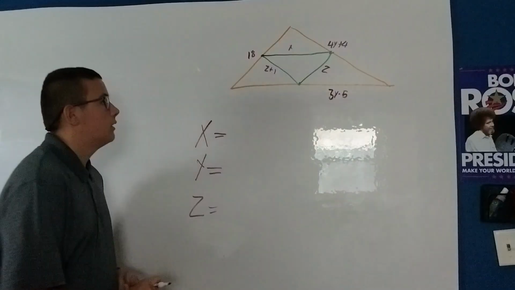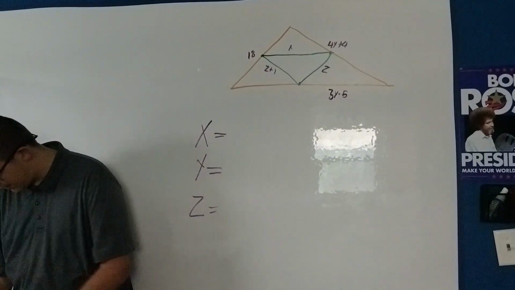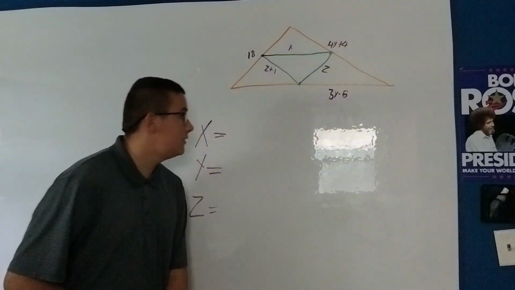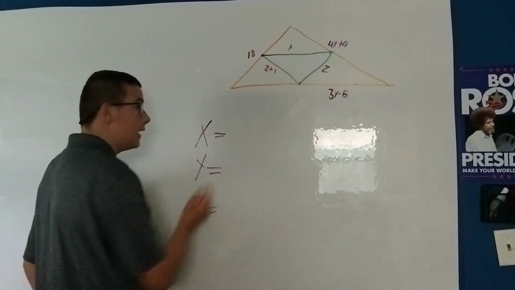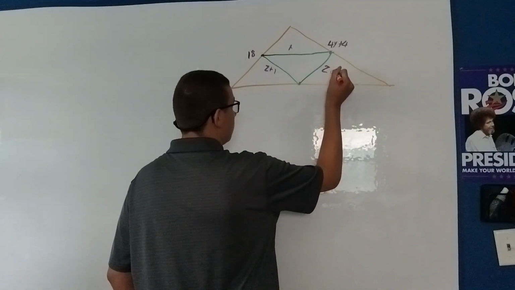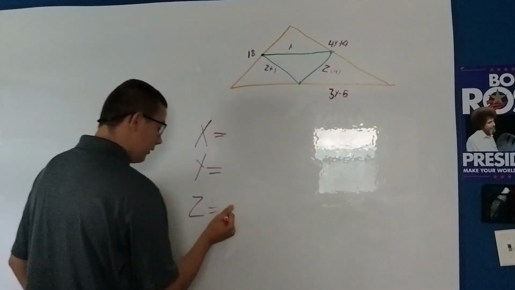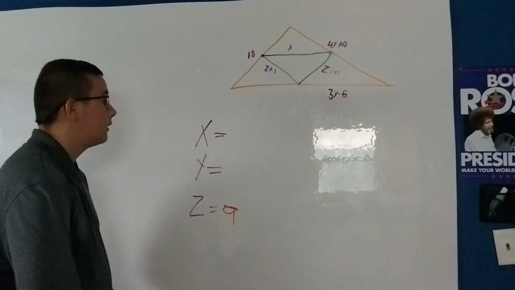Okay, so let's start out with the simple stuff with that 18 and z. Well, I know that this length here is half of this length, and half of 18 is 9. So I can just put 9 there, and we know right off the bat that z equals 9.